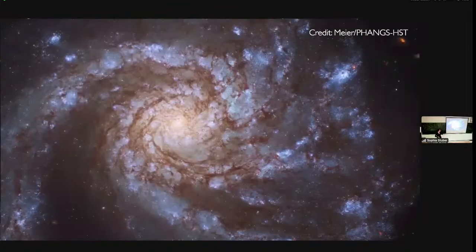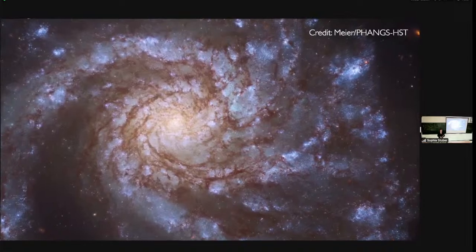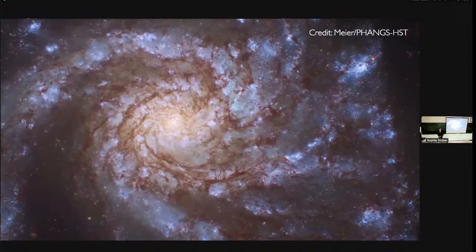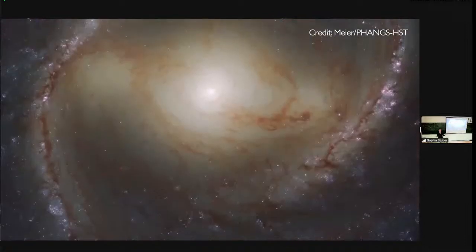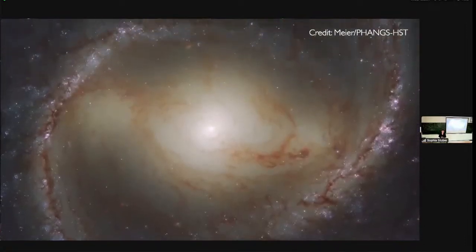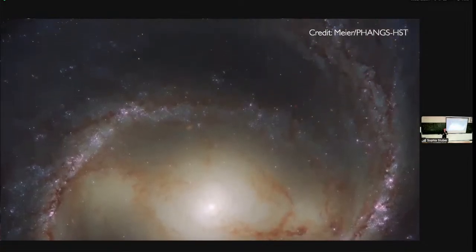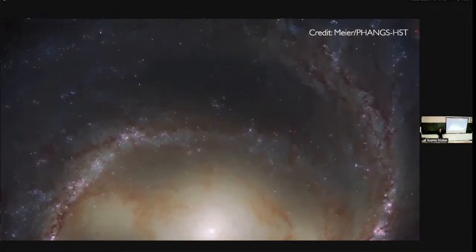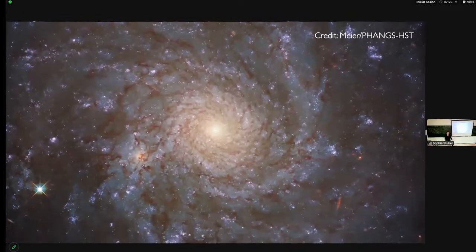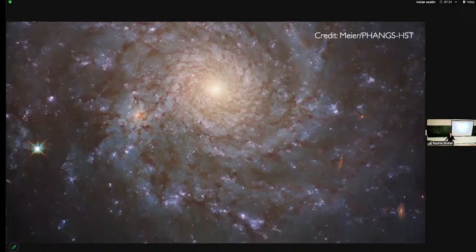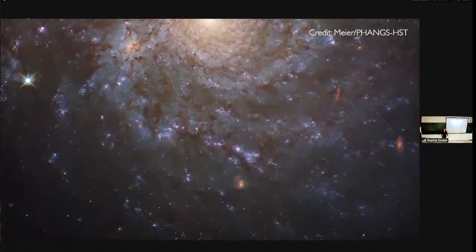We also see that these features correlate with other parameters in galaxies, like an increased central gas concentration. We have peanut bulges, we have gas streaming motions due to these features, and generally also the ages of stellar populations on bars are older than the surrounding disk. So these features really have an impact on the evolution of galaxies. They're even assumed to be one of the main drivers of the secular evolution of galaxies in our universe.